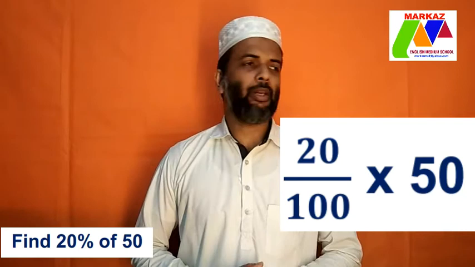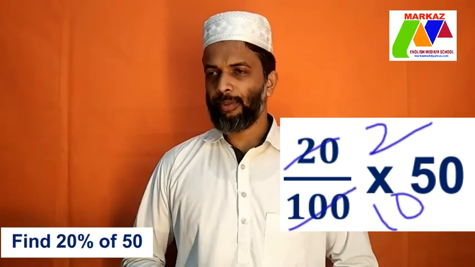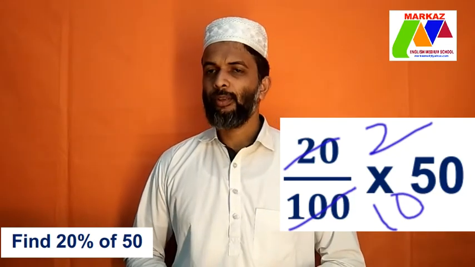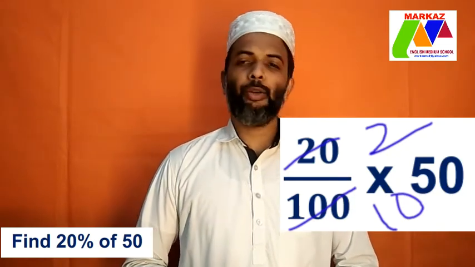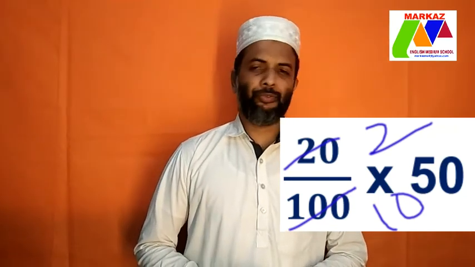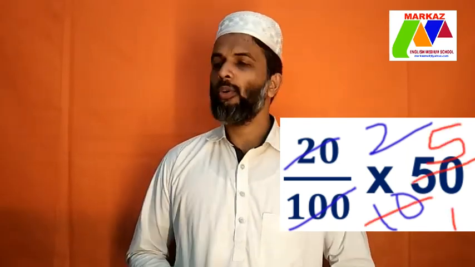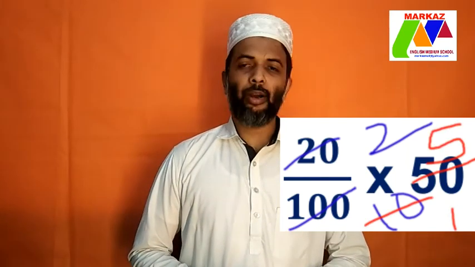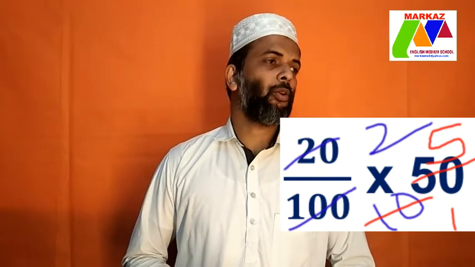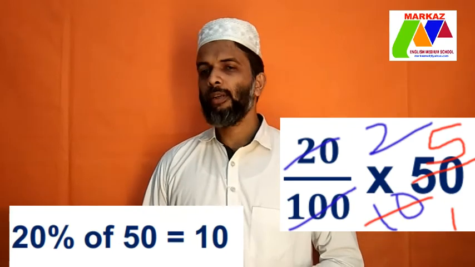Simplify the fraction 20 and 100. In 100, 10 times. In 20, 10 in 2 times. So, 2 by 10 into 50. Next, simplify 10 and 50. 10 5 times in 50. Answer is 2 by 1 into 5 is equal to 10. 20% of 50 is equal to 10.